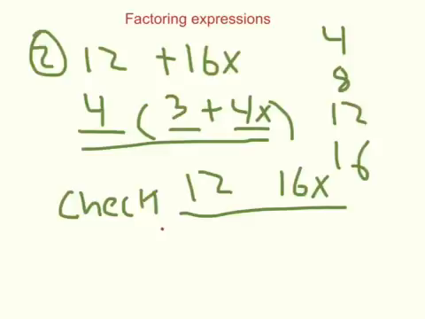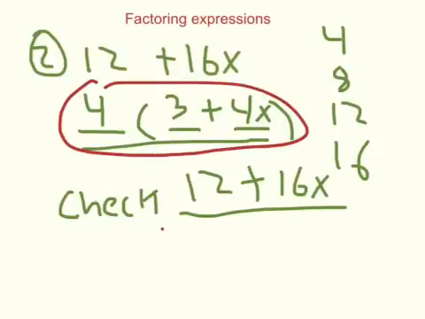And don't forget to put your plus sign in. That should check out to be the same as where you started. 12 plus 16x is the same as 12 plus 16x. So you were correct. This is your final answer. You might want to circle that. This is our final answer because it does check out here.